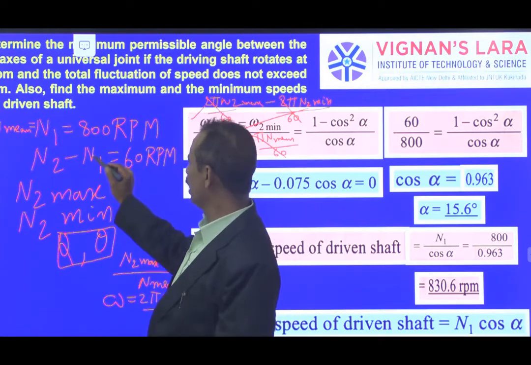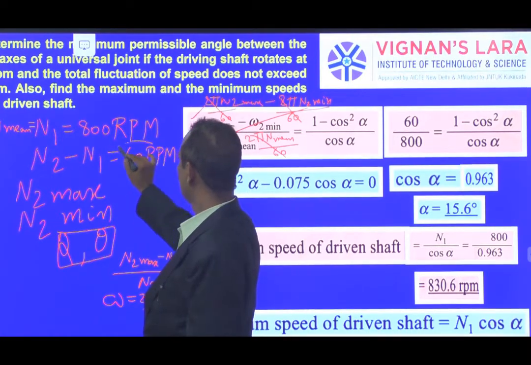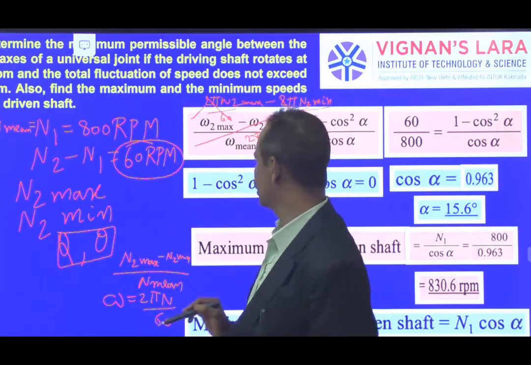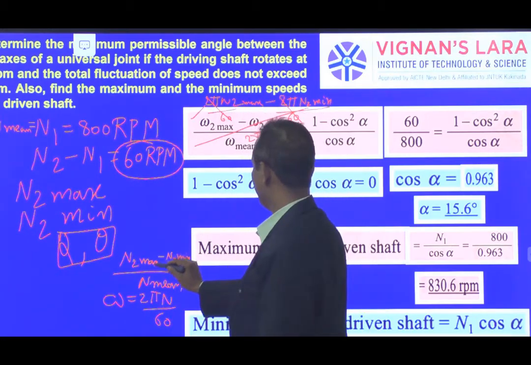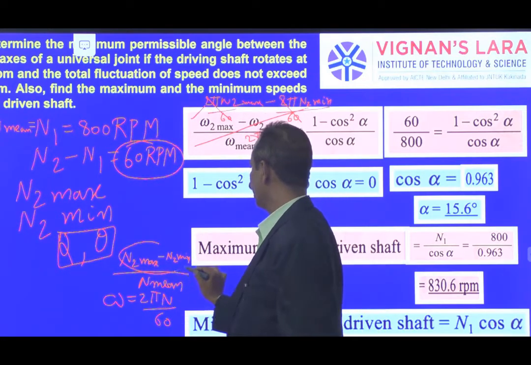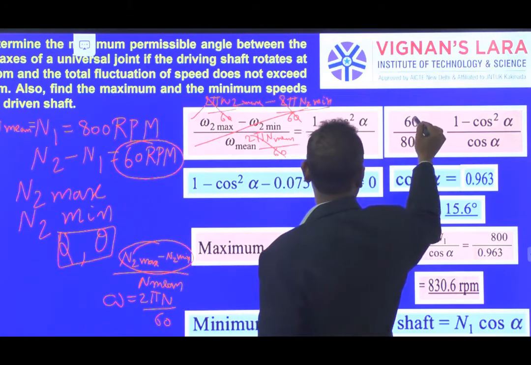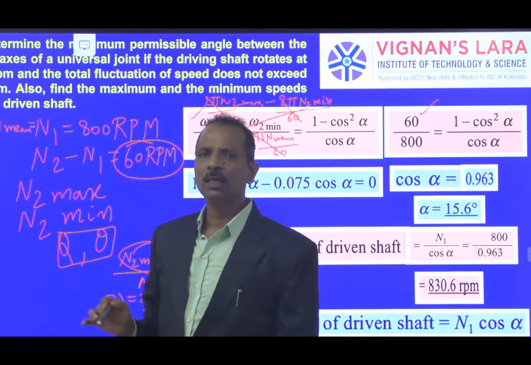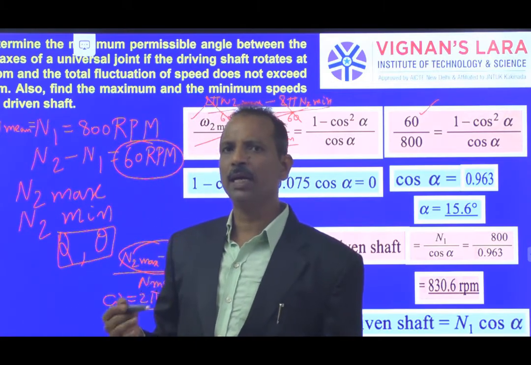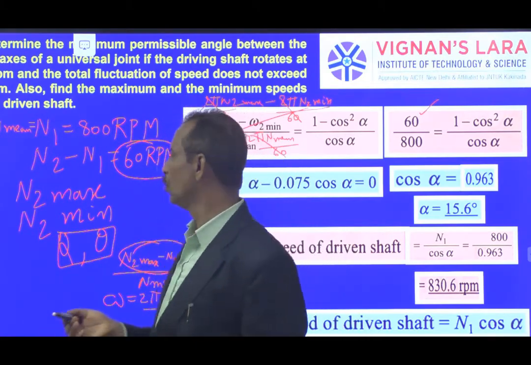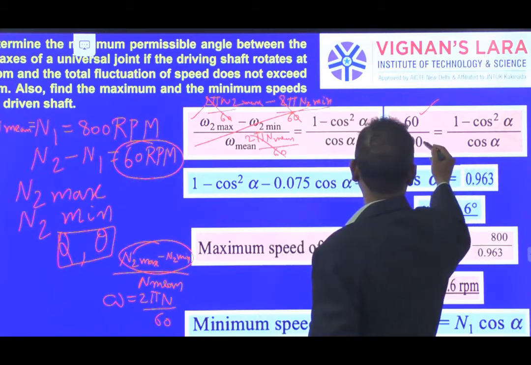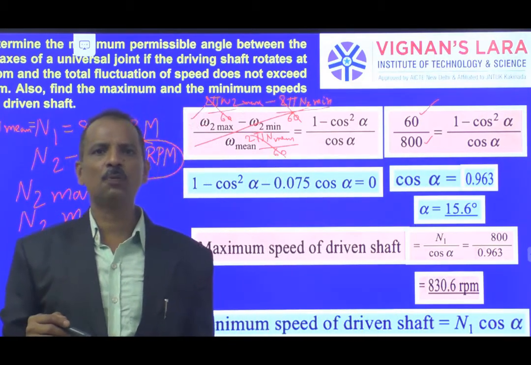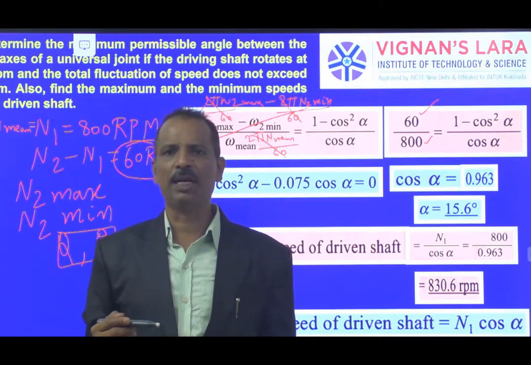As I said, here we were given the maximum and minimum difference as 60. Substitute in that case, N2 max minus N2 minimum is 60. Then the mean value, I said that the input speed itself will become the mean value, that is 800. Why does this happen? Mean speed is equal to input shaft speed.